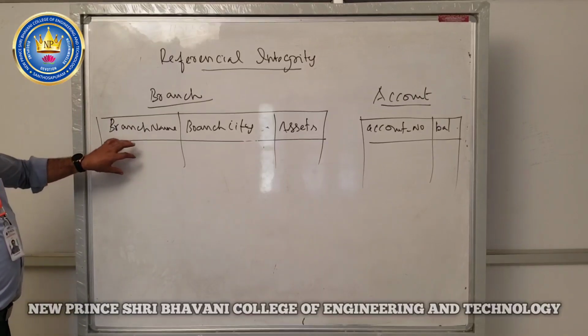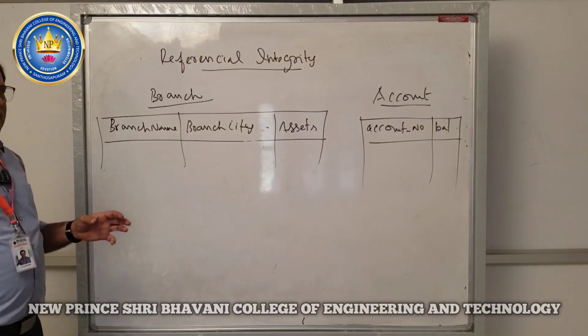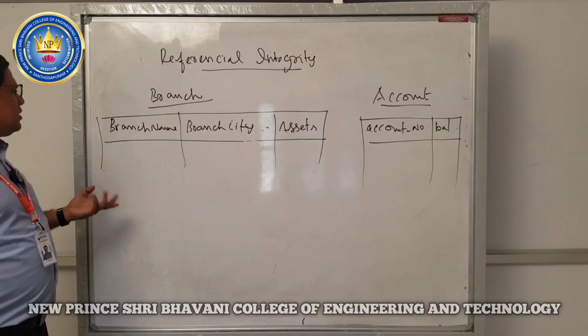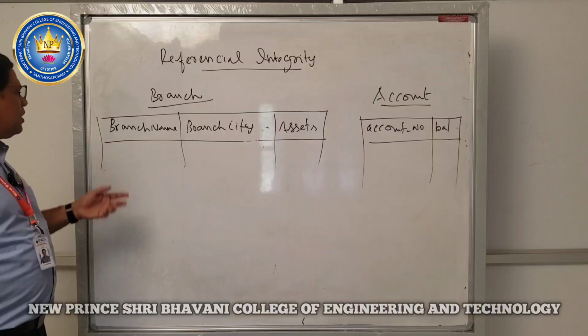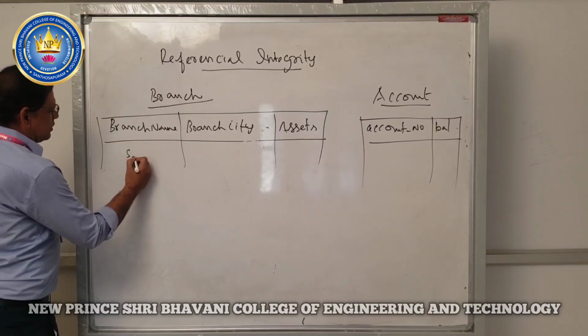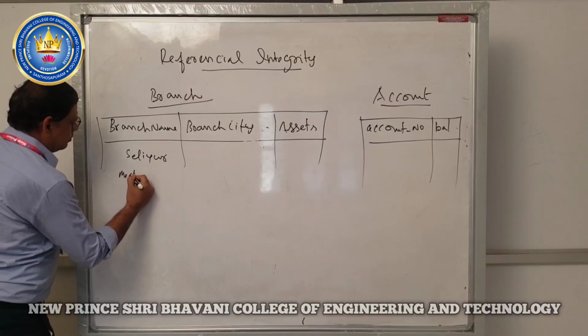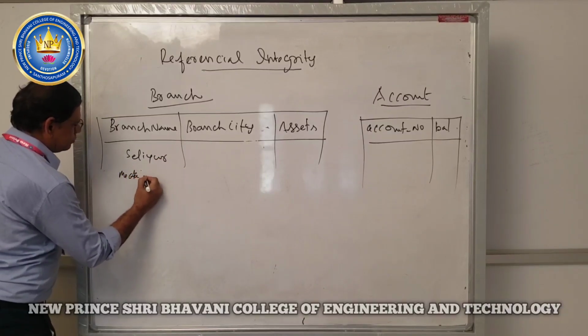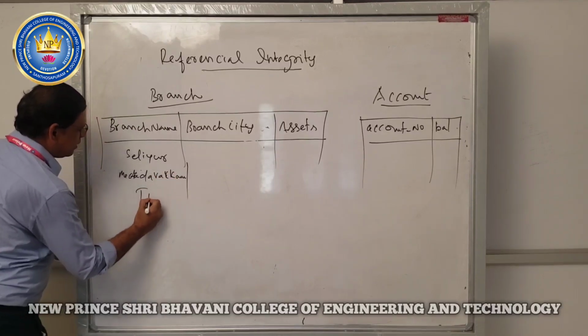In the case of branch name, for example, ICICI Bank will have multiple locations. In Chennai alone, they may have 20 or 25 branches. So the branch name may be Selayur, Medavakam, T Nagar.